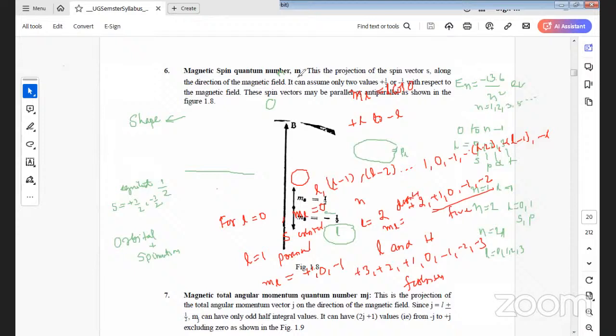So the numerical value of MS is the projection of the spin vector S, that is small s, on the field direction.